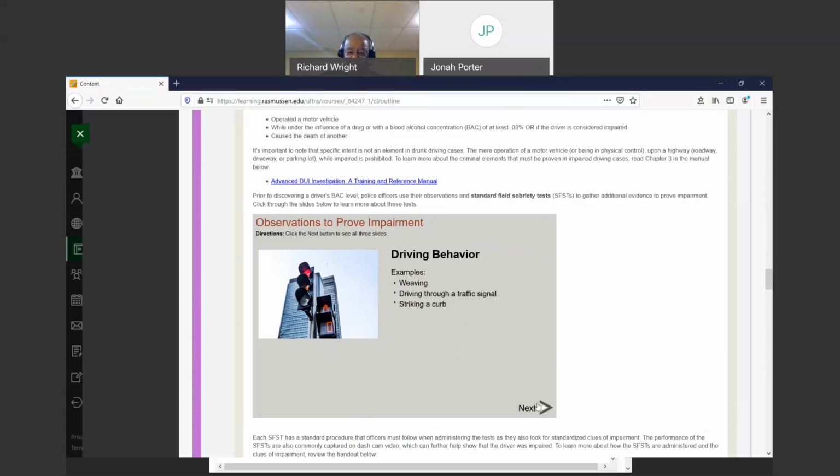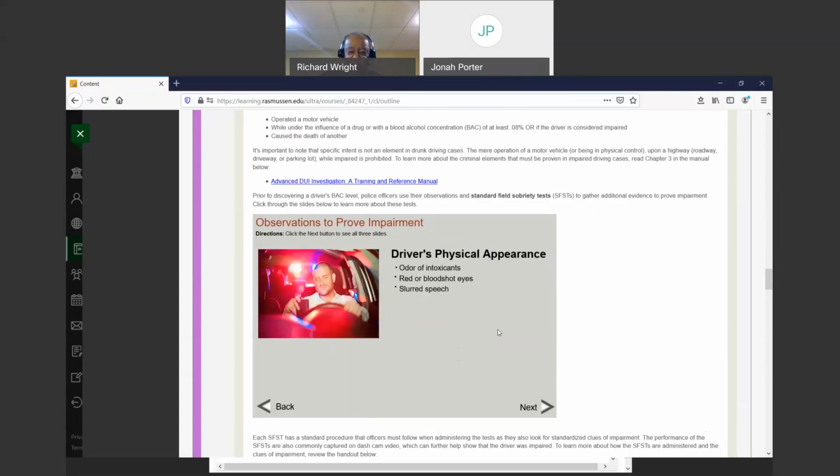So let's look at some of this. The odor of intoxicants you can smell, or red or bloodshot eyes, or slurred speech. Now, slurred speech may or may not indicate that that person is driving under the influence. I knew of a case years ago of a physician who was stopped by a police officer and given a DUI, and they smelled what they thought was alcohol, but the person was having a stroke.